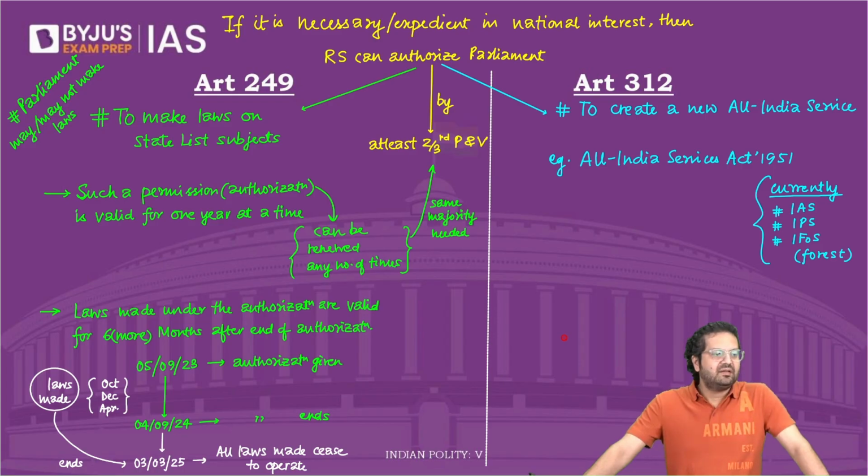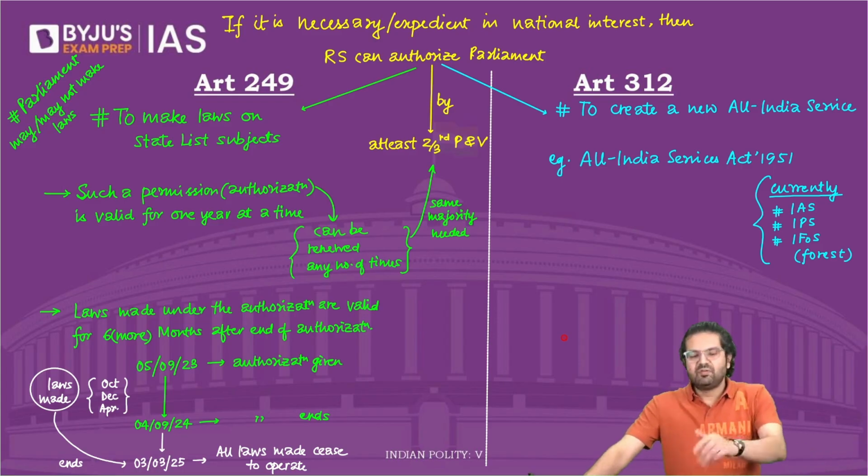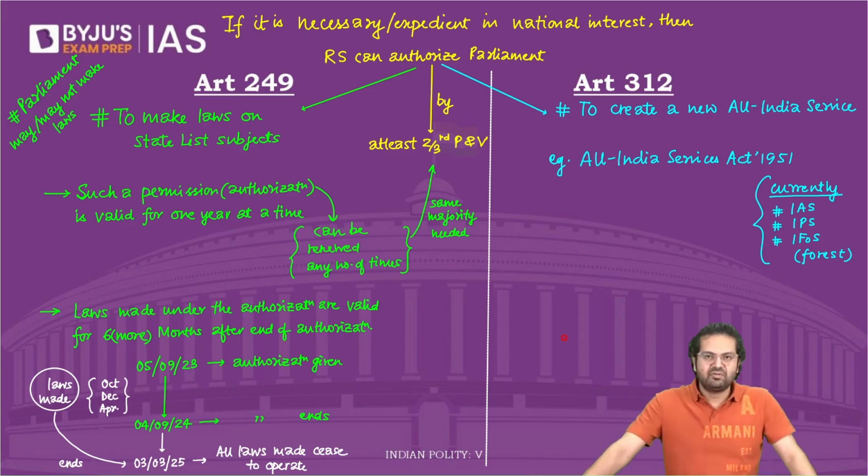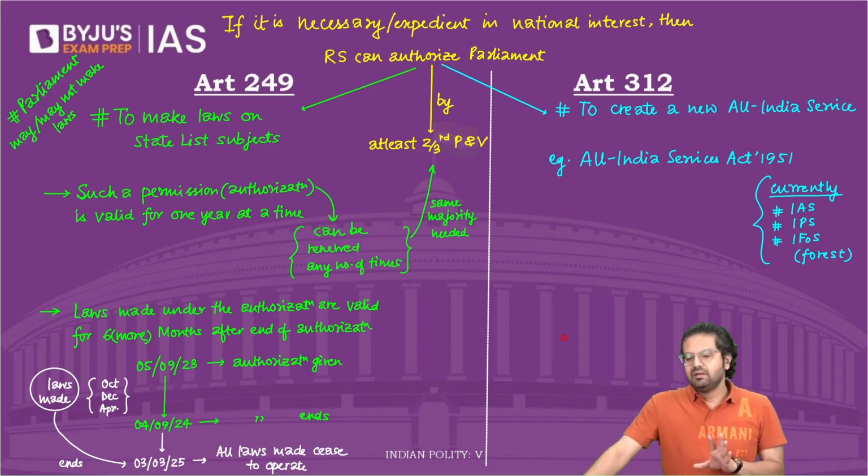The correct answer is that since all these provisions impact the states also, what is the purpose of Rajya Sabha? Rajya Sabha is the representation of states in the parliament. Rajya Sabha protects the federal culture in the country. Rajya Sabha is the protection of interest of states at the central level. That is why if Rajya Sabha says okay, then okay. Are we clear? So this is why we have this power given to the Rajya Sabha.